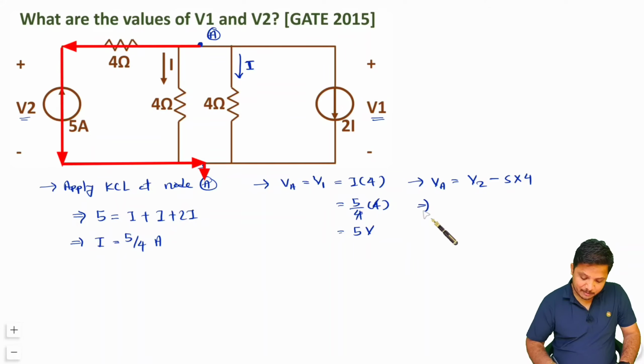VA that we have calculated is 5 volts. So 5 equals V2 minus 20. So V2 equals 5 plus 20, that is 25 volts.